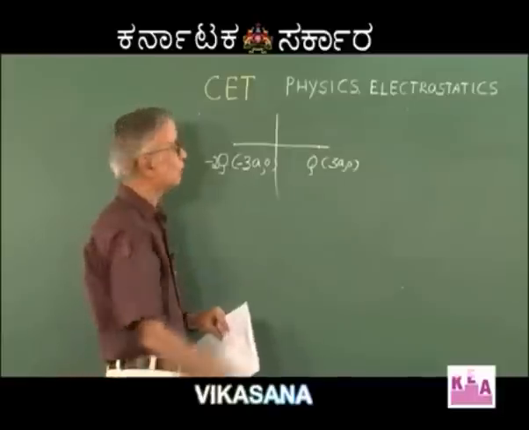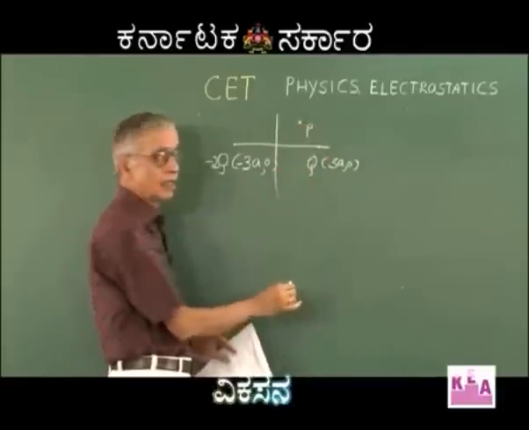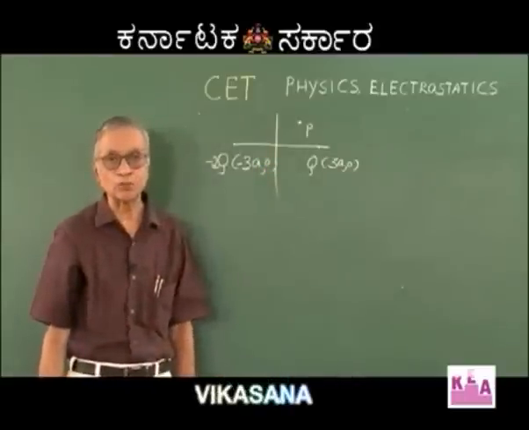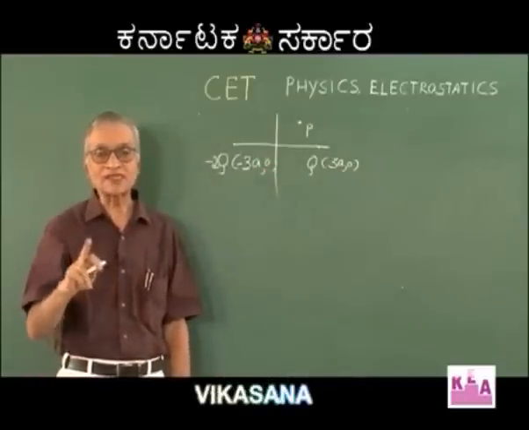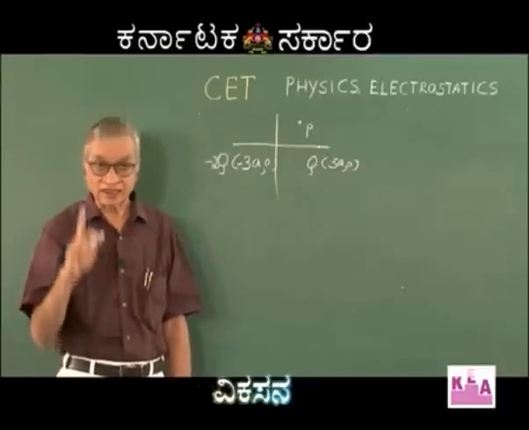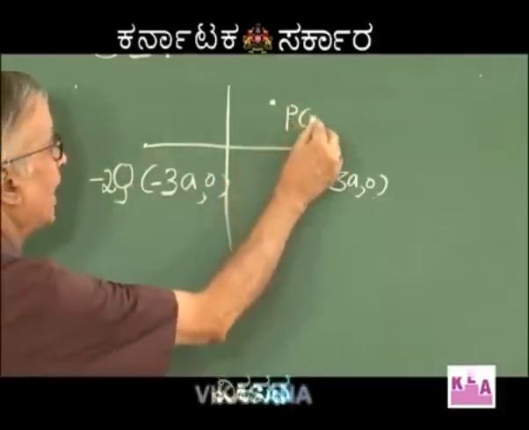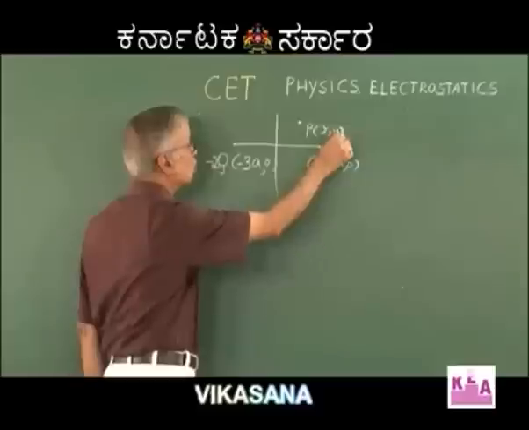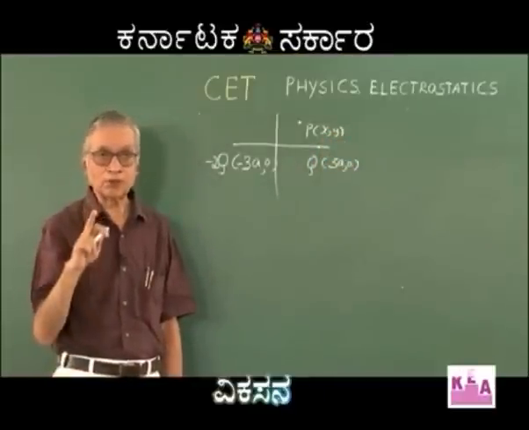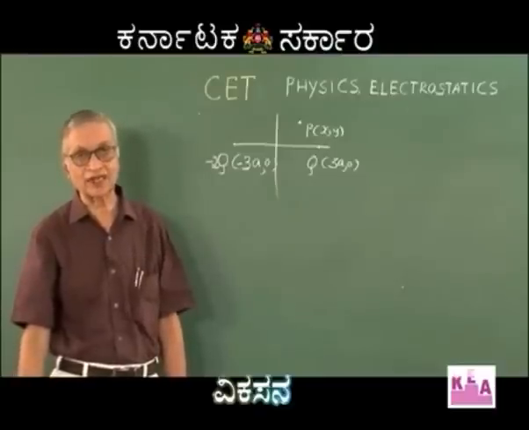Now you have to find the locus of the point P such that net potential at the point P is 0. I request you to please note that the first step in the locus problems is: let P(x, y) be the point whose locus is to be found. Next, put the condition given in the problem in the form of a mathematical equation.